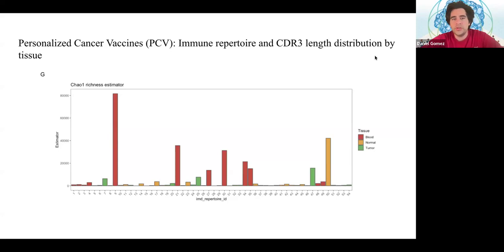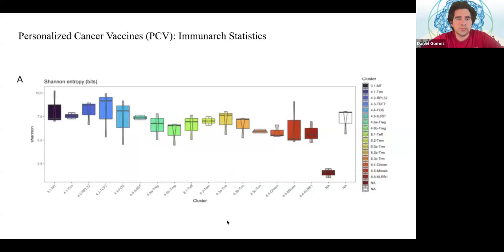And then the Chao-1 richness estimator being used, we see mostly blood in the estimator. And then Shannon entropy bits, we can see all the different cell clusters. And in each cluster, we can see the amount of Shannon per cluster.